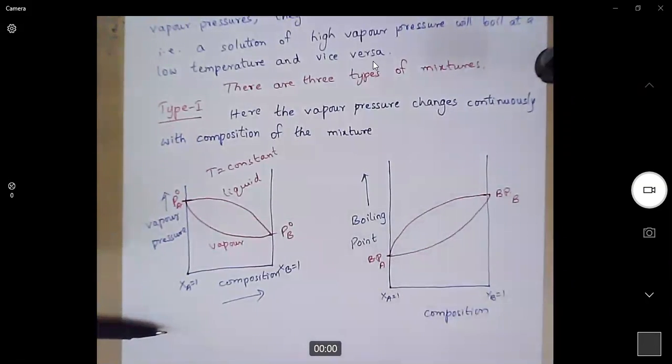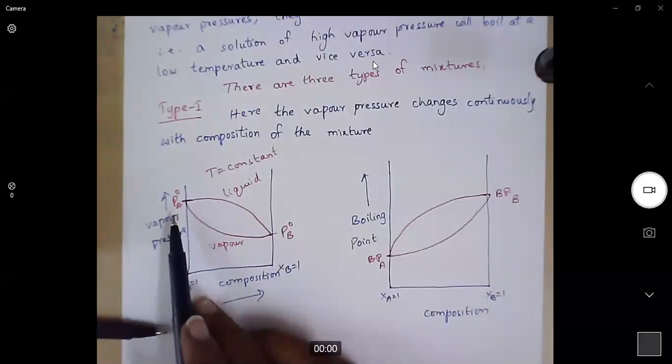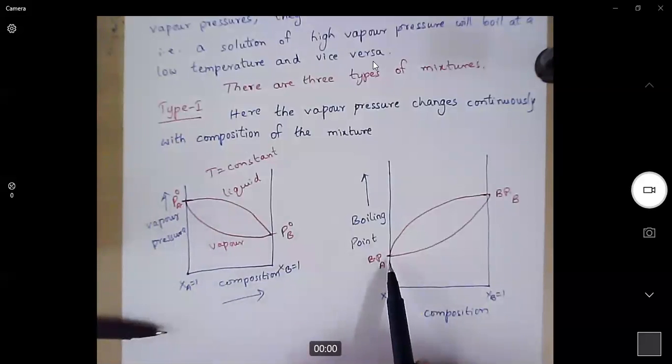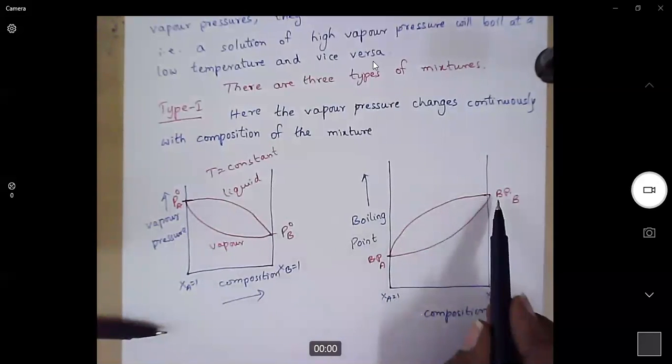Please understand the differences. A compound with a high vapor pressure is called a volatile liquid. That means it will easily boil at low temperatures. A compound with a low vapor pressure needs very high temperatures to boil.